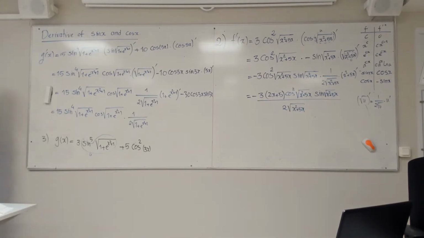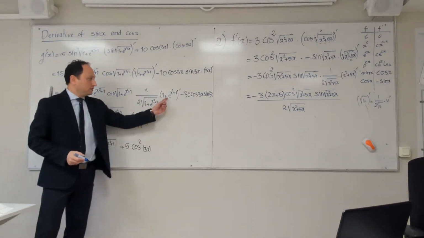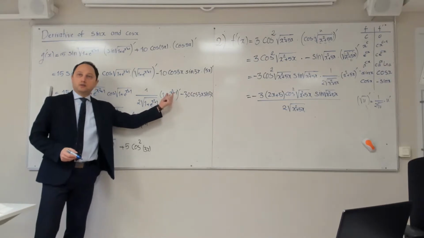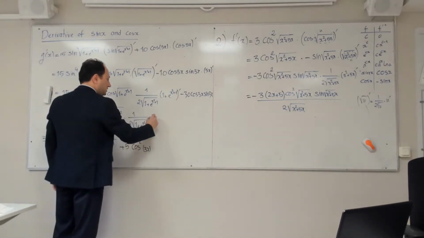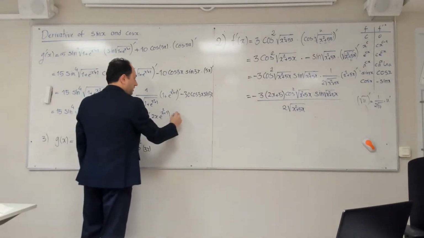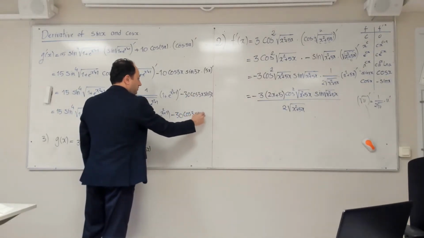It also needs a chain rule, yes? The derivative of the first one is 0. The derivative of e to power u becomes e to power u, but you need to multiply by the derivative of u, which becomes 2x. So this becomes 2x e to power x squared plus 1, yes? And then the rest of it, minus 30 cosine 3x sine 3x.